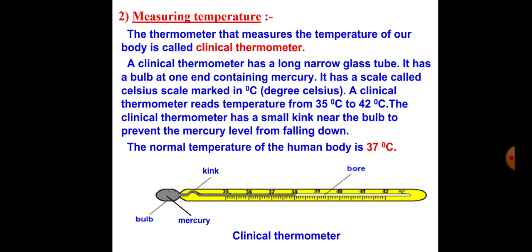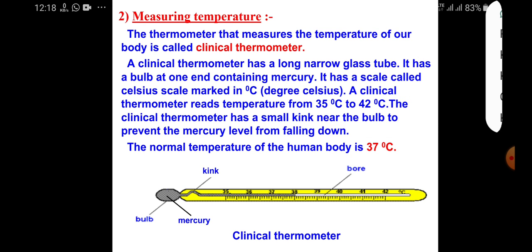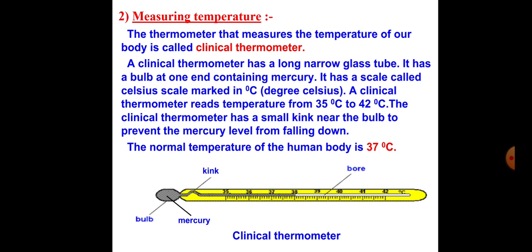It has a scale called the Celsius scale marked in degrees C. A clinical thermometer reads temperature from 35 degrees C to 42 degrees C. It has a small kink near the bulb to prevent the mercury level from falling down. The normal temperature of the body is 37 degrees C.